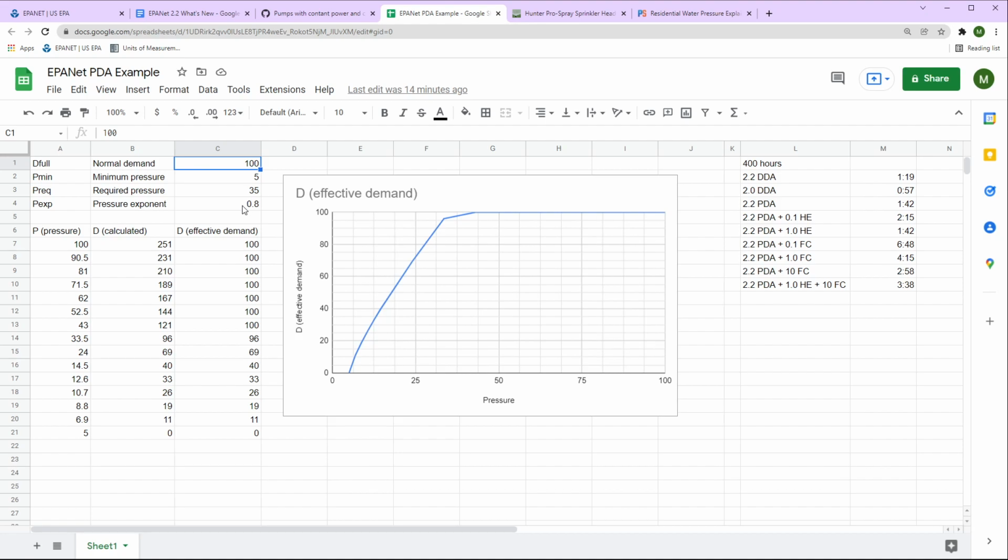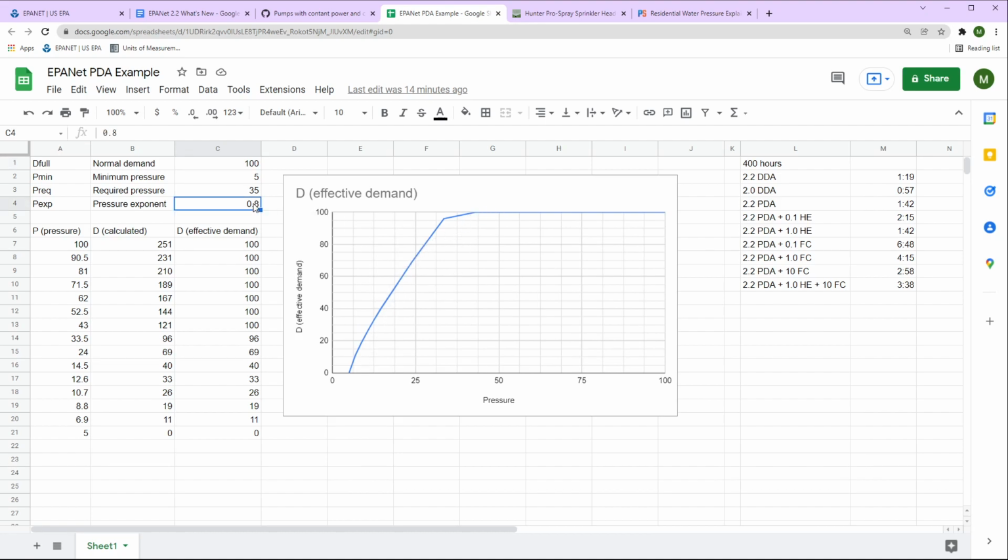The exponent is just a way to shape the curve between the zero and the full. So you can see here that I've also started out here with 100 psi or 100 units of pressure down to my minimum, and you can see kind of what the shape of that turns out to be.